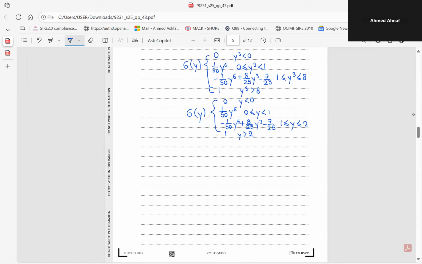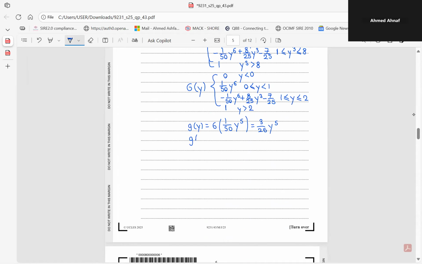So let's differentiate this one. You just bring down the power: 6 times 1 over 50 y to the power 5, and then you simplify, you get 3 over 25 y to the power 5.